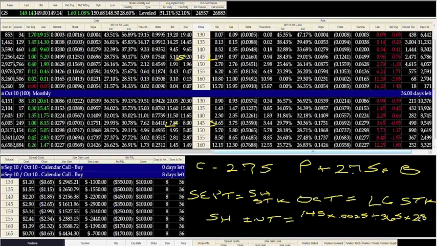So we got 28 days. Let's do the math real quick: .0278. So roughly, basically plus 3 cents.